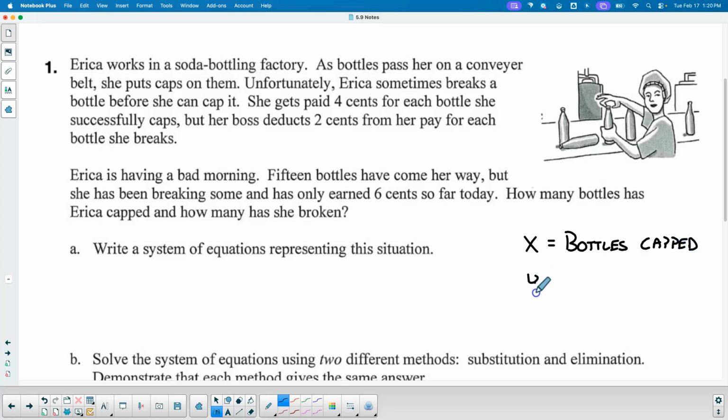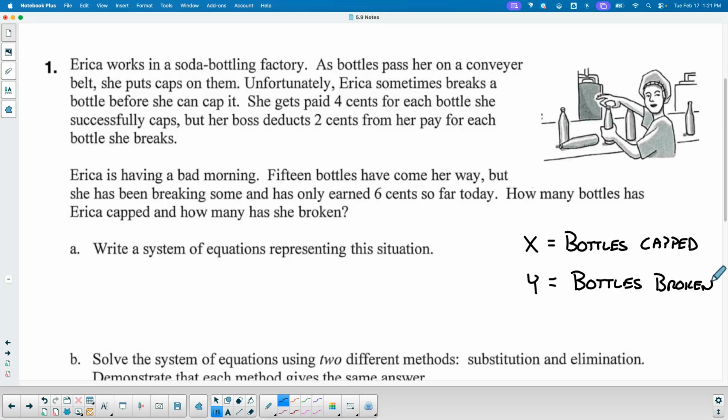And what's Y going to be then? Bottles broken. Bottles capped, bottles broken. We have 2 variables, so I need 2 equations now. Anybody got one of the equations?